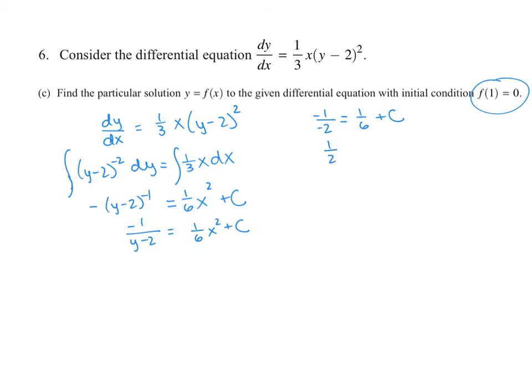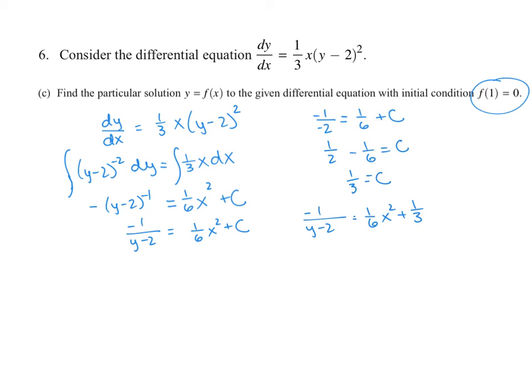So 1/2 minus 1/6 equals c. So 3/6 minus 1/6, so 2/6, which is 1/3. So now we have negative 1 over (y minus 2) equals 1/6 x squared plus 1/3.